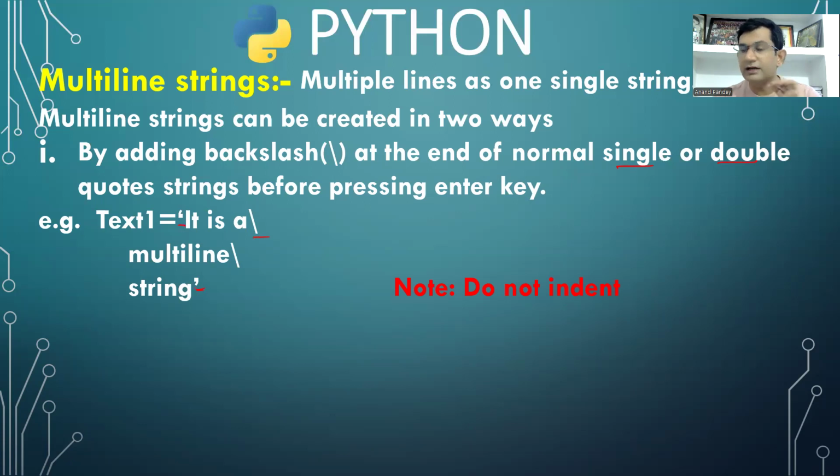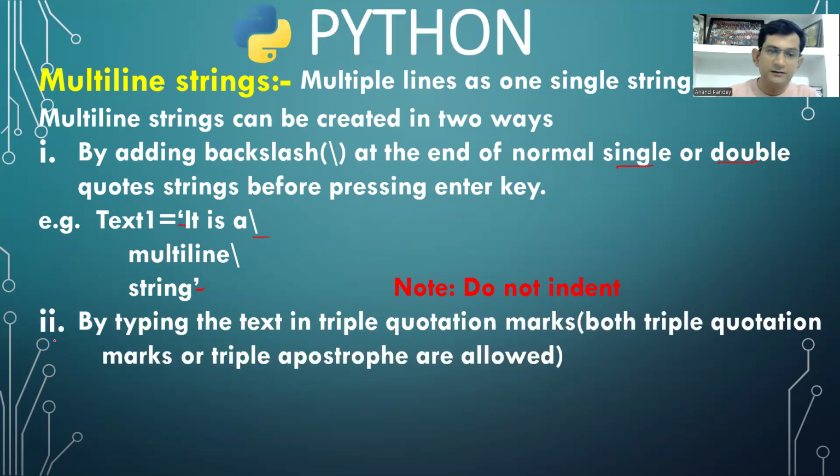It will be more clear when I show you practically through the Python IDE, so don't worry. Before that, let me explain the other way to create multi-line strings. This is the second way: by typing the text in triple quotation marks.